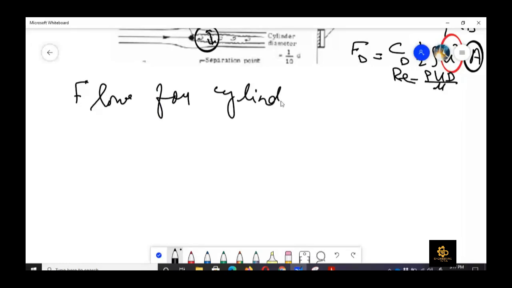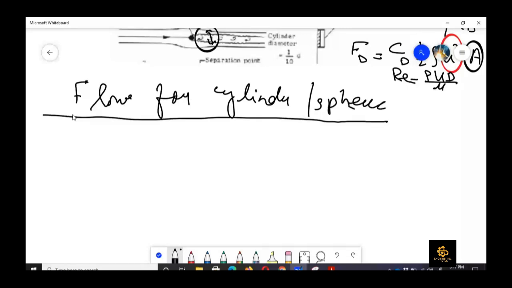So as Kabir has pointed out, the total drag force and CD value are a function of Reynolds number. So it means that the coefficient of drag and total drag force would depend upon the flow velocity. So we are going to discuss different flow scenarios for different Reynolds number for flow over cylinder. So let me take you through those different flow scenarios.